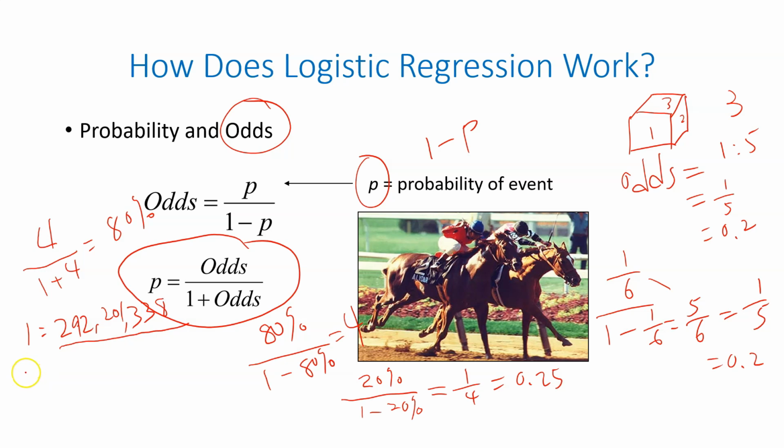So the probability of not winning the Powerball would be 292,201,338 divided by 1 plus 292,201,338.